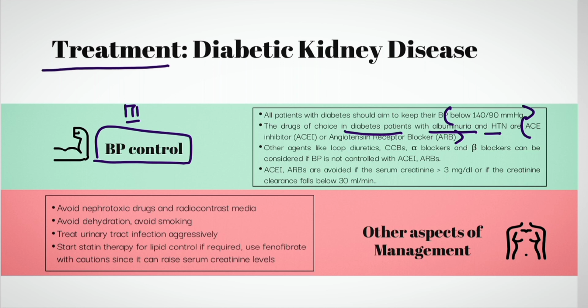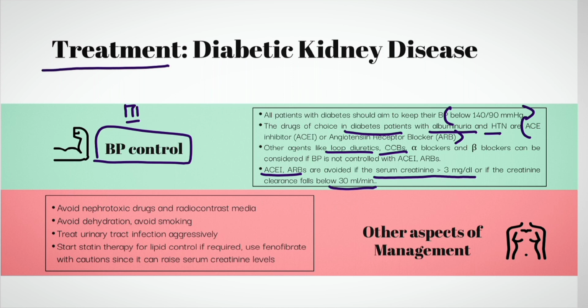If ACE inhibitors and angiotensin receptor blockers are not able to control the BP, then we can also use other agents like loop diuretics, calcium channel blockers, alpha blockers and beta blockers. If the serum creatinine level is more than 3 mg per deciliter, or the creatinine clearance is less than 30 ml per minute, we should avoid prescribing ACE inhibitors and angiotensin receptor blockers.